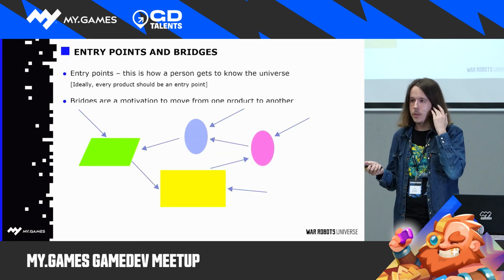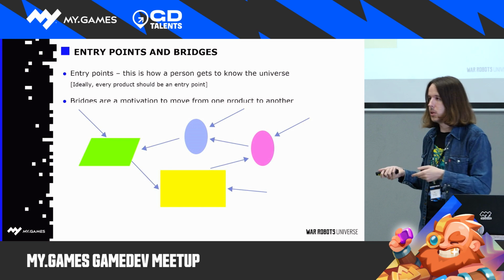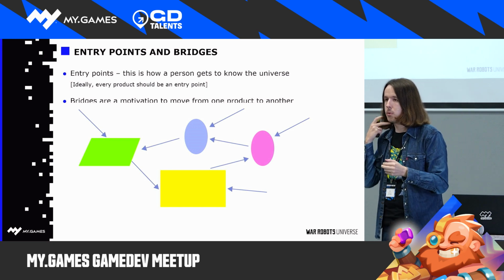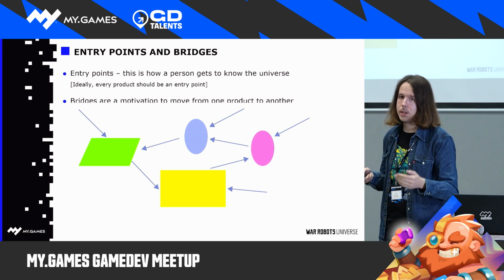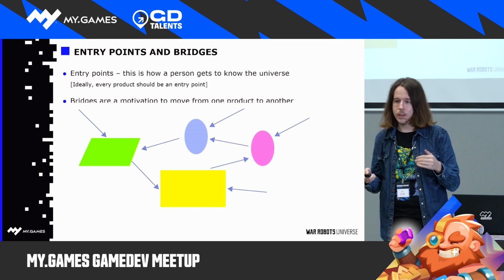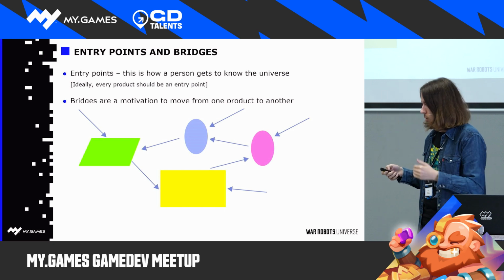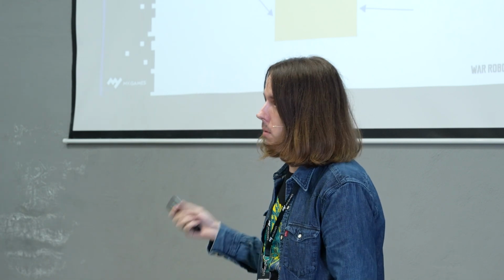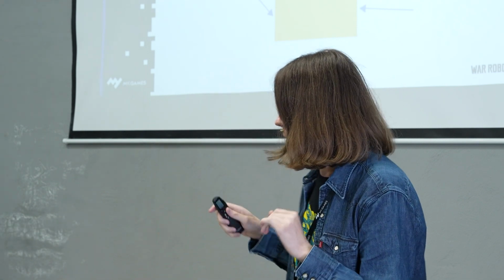To do it, you need to create entry points and bridges. Entry points are the products that you create for the audience that doesn't know your IP. You can think that some products can be entry points, some products cannot, but the best strategy is to be sure that it is easy to understand your product without knowing about your universe at all.